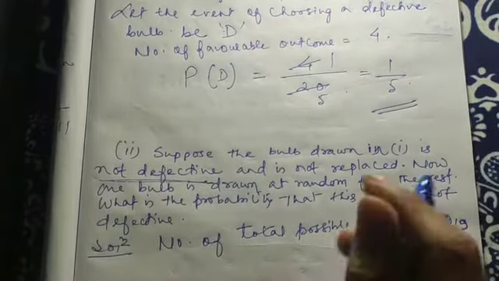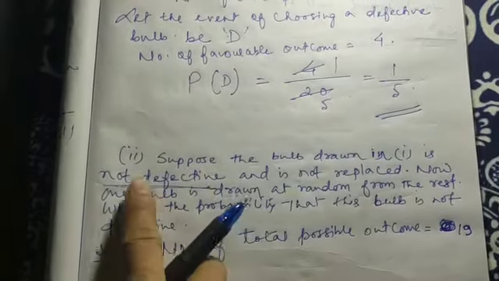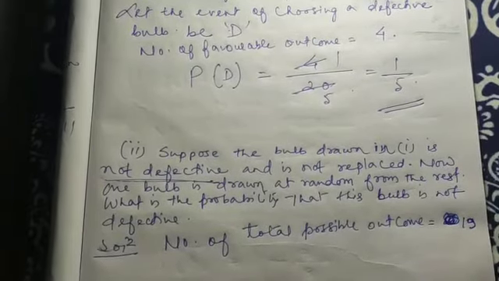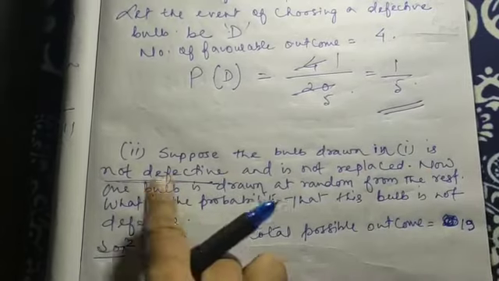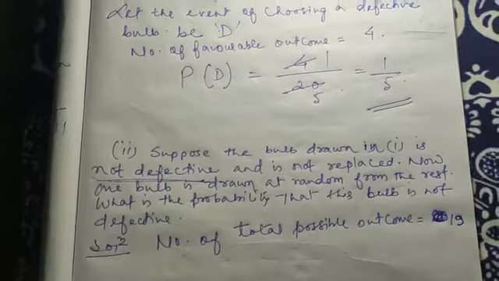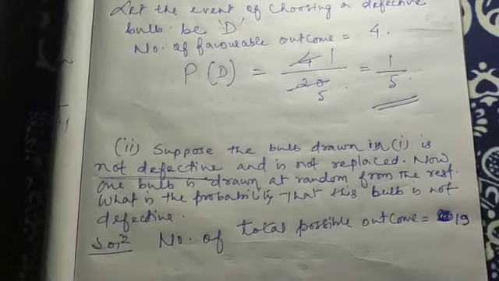Now the bulb which has been taken out in number 1, they are telling here in number 2 that it is not defective. That means that is a good one, and it is not replaced also. So now one bulb is drawn at random from the rest. What is the probability that this bulb is not defective?